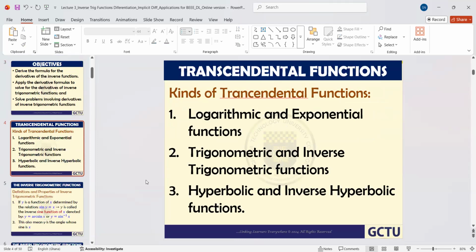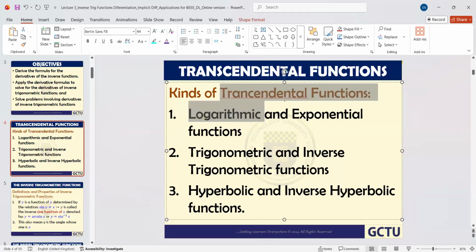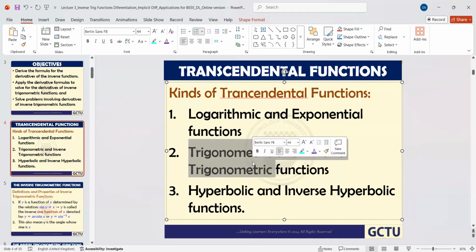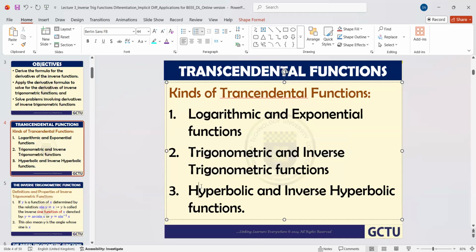Inverse trig functions come under a type of functions that we call transcendentals. Transcendental functions are in the family of log and exponential functions. You have to follow the formulas to be able to derive them. Log functions are one, exponential functions are one, trig and inverse trig functions are also one, and then hyperbolic and inverse functions.